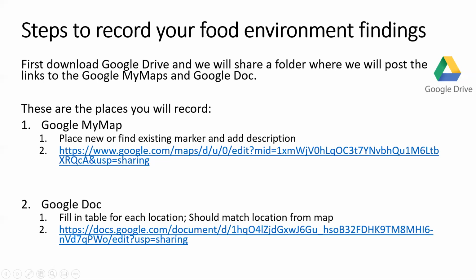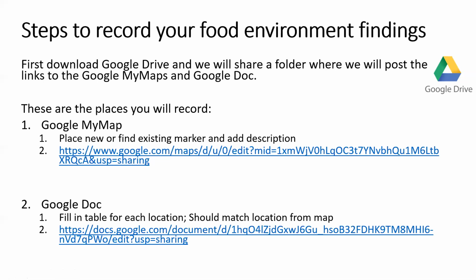There are a couple of different ways that we're going to ask people in the community to record what you find in the food environment in Cumberland County. First, we're going to set it up where we have the different links to get to the recording spots in a file sharing location, and we're going to use Google Drive.